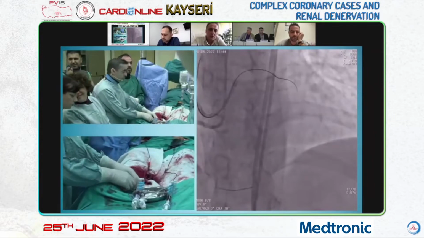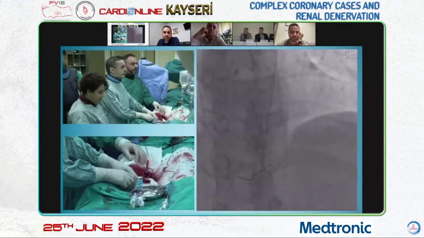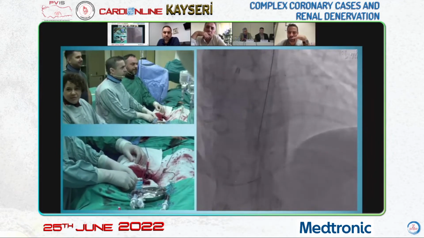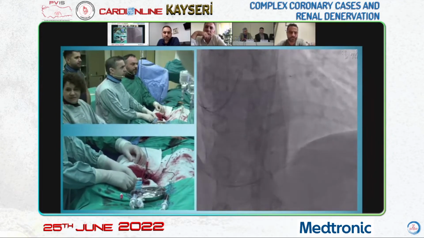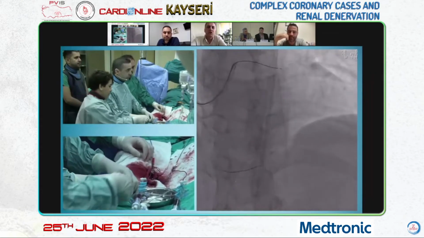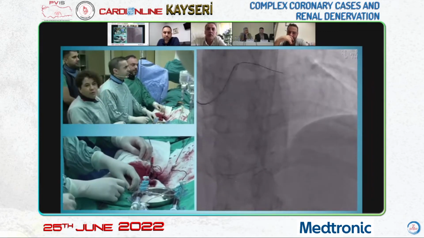Actually, when a Sion derivative wire is used, then it doesn't go downward. We can try a repuncture or continue with a parallel wire. We will see it. It's about controlling the wire.